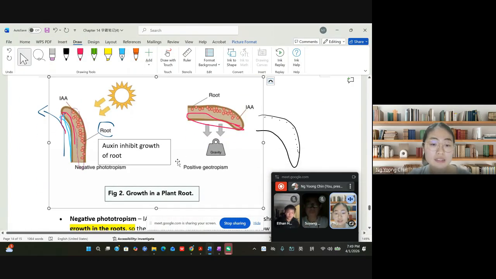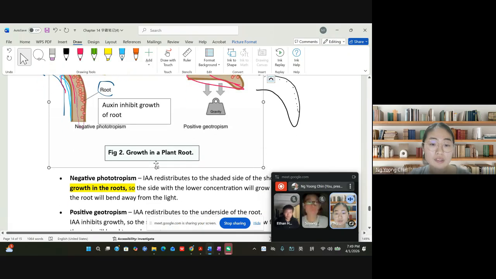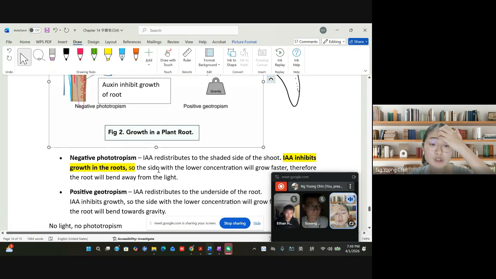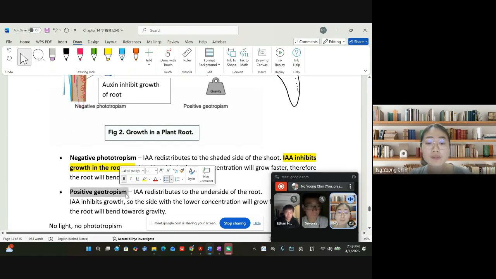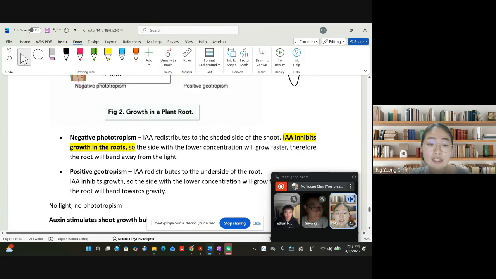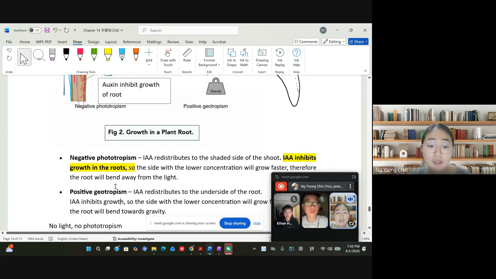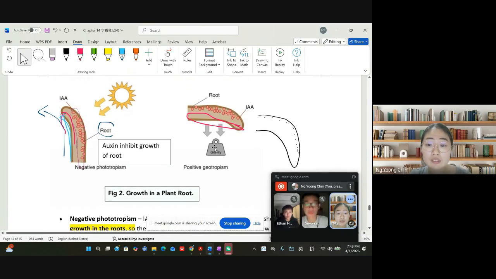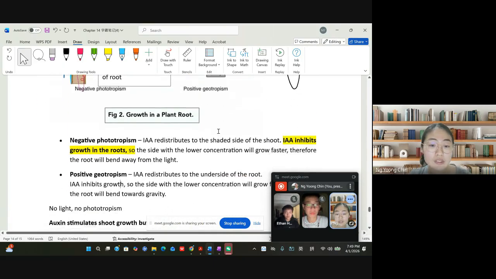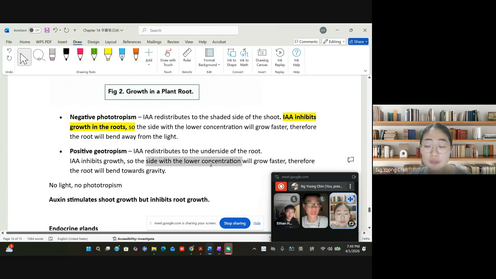So the roots will show positive geotropism because the auxins are redistributed to the underside of the roots. And then the auxins at the root part will inhibit growth. So the side with the low concentration will grow faster. Therefore, the roots will bend towards gravity.